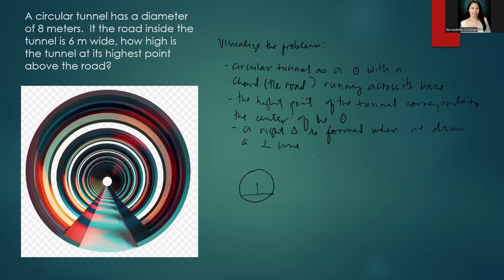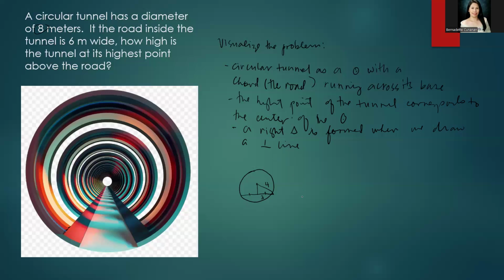And then this perpendicular line, take note, bisects the road, meaning it splits the 6 meter chord into two equal parts. So they're congruent. So we can assume that this is 3 meters. The hypotenuse of the right triangle is the radius of the circle. So we can draw from here to here or here to here. And we know that the radius is 4 meters since the diameter is 8, right?